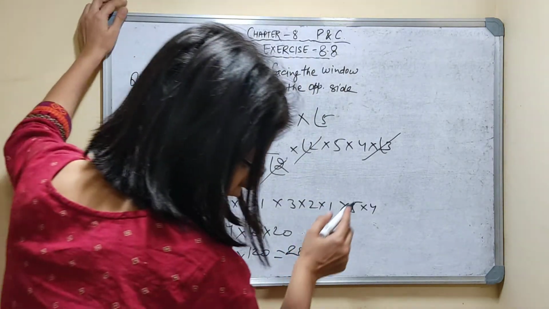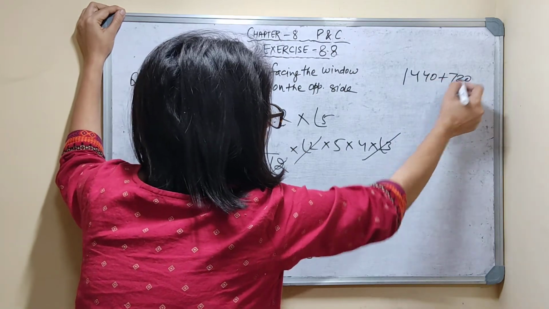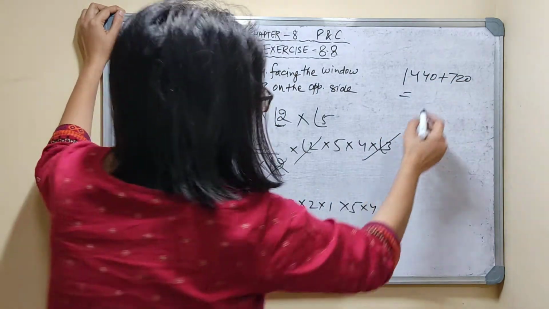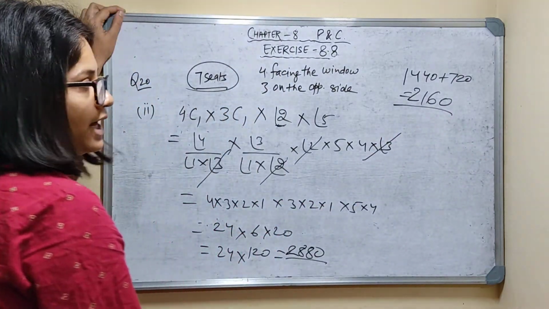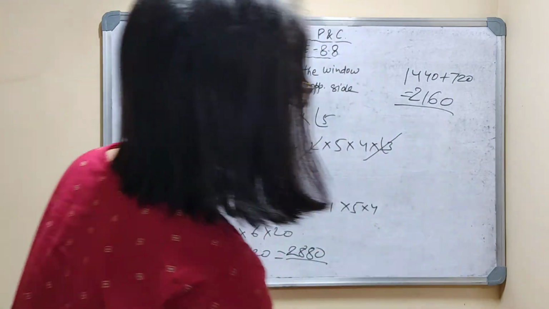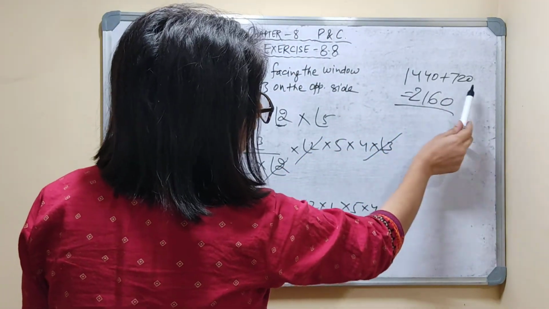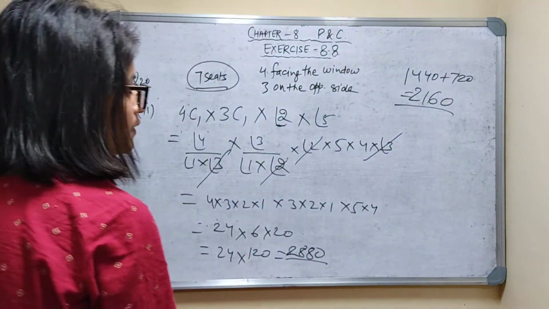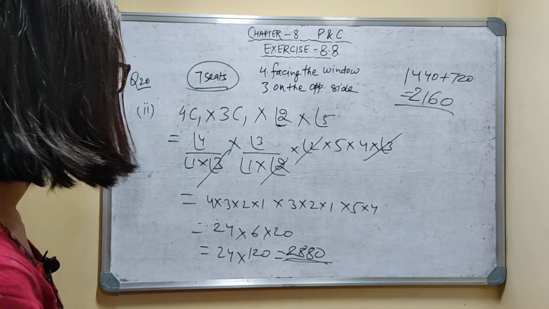I did 1440 plus 720 and that was 2160, but I had written 2880 by mistake because I had already solved this part. So 2160 was the answer for the first part. I made the mistake in adding 1440 plus 720, that is 2160. In this second part it was 2880. Is it clear?